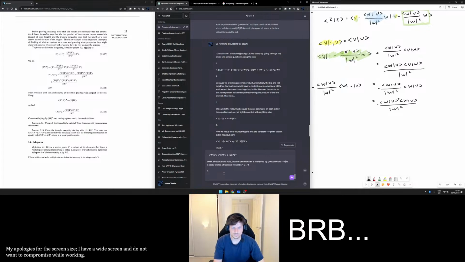5. We now move on to multiplying the bra's negative part by v, noting it's the Ket's side v.